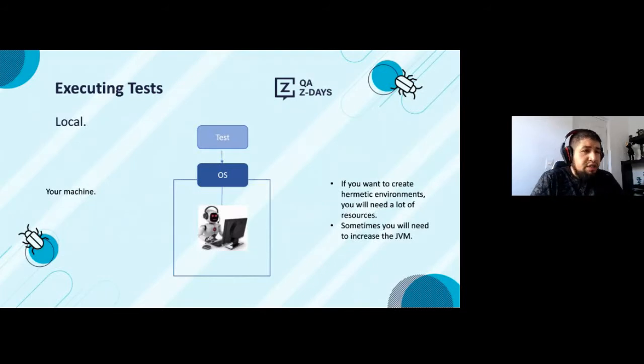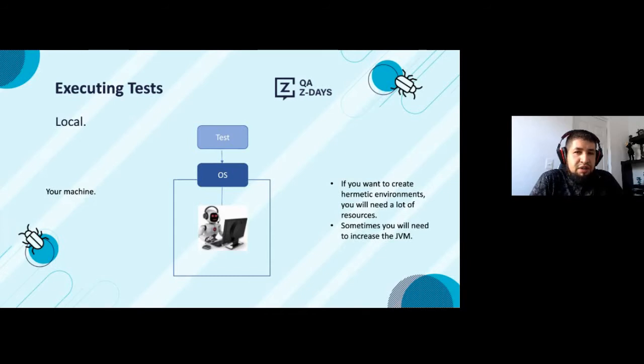Some considerations you will need to have over here: if you want to work with a hermetic environment, you will have to have a workstation with a lot of resources. In my case, I work with a workstation with 32 gigabytes of RAM, and it sometimes happens that even my computer gets frozen.